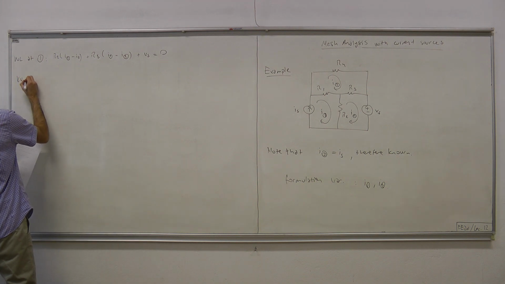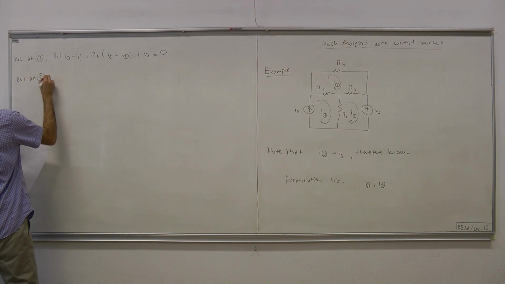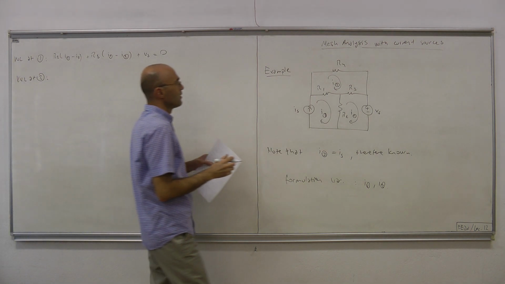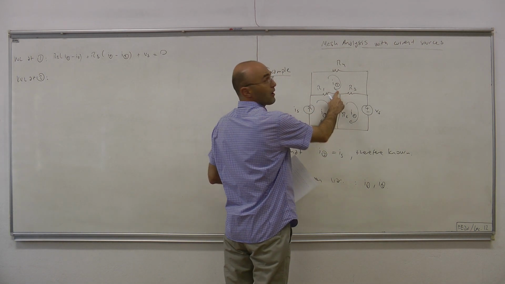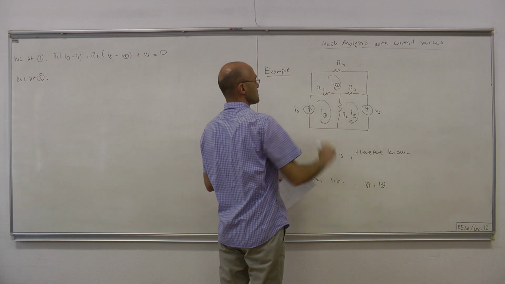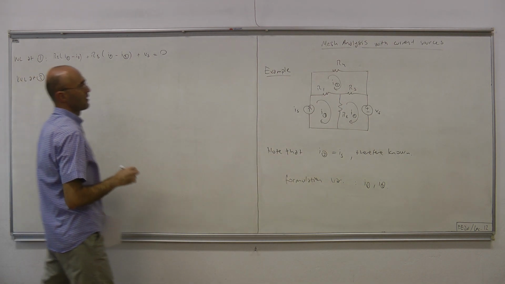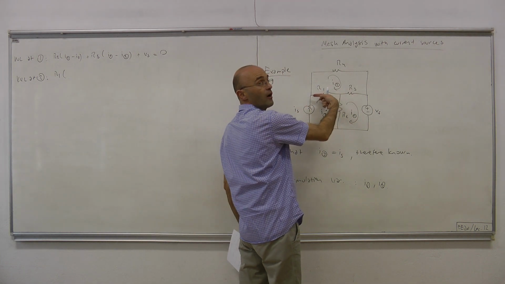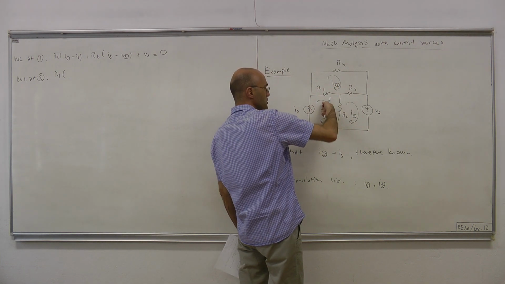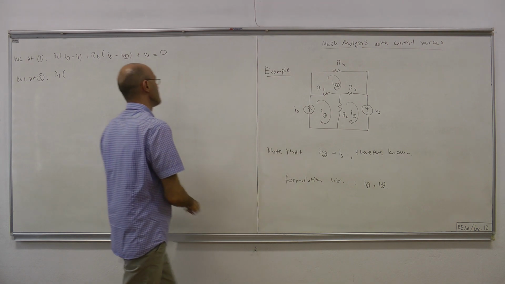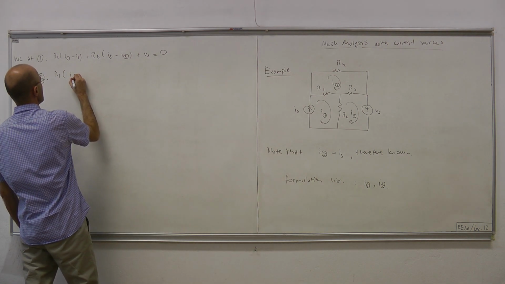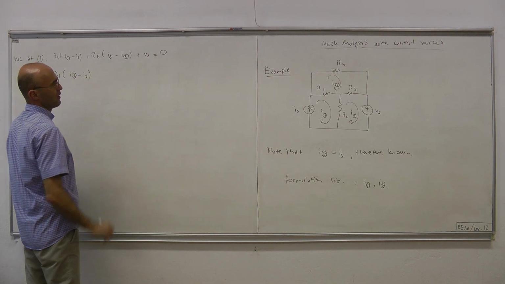And let's do the same thing at the other mesh. Okay, suppose we start from this point. Plus minus that voltage is R1 times this current. This current is I2 minus I3. I3 is IS. Therefore, it's I2 minus IS.